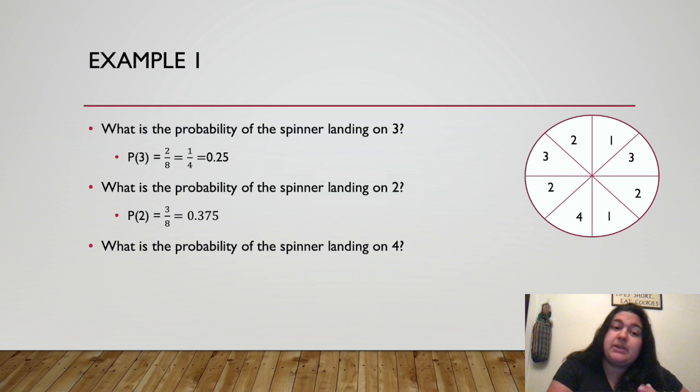Now what is the probability of the spinner landing on 4? Well, let's see how many 4s we have. We just have the one guy right there. So that's 1 four out of 8 possible outcomes, which gives us 0.125.